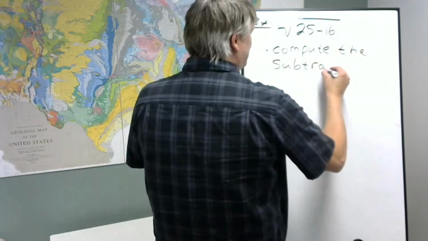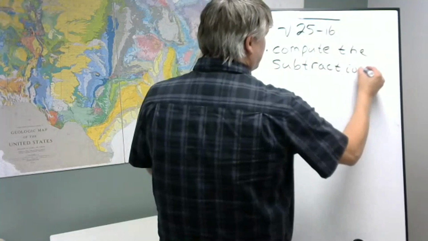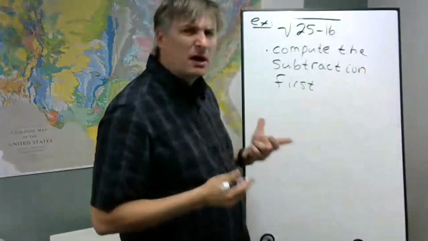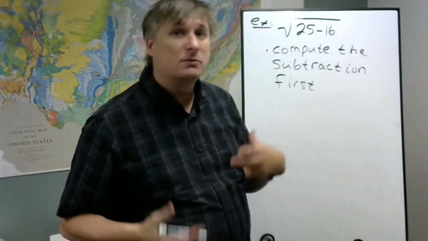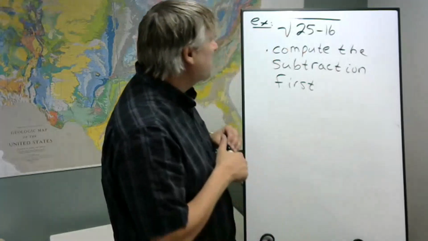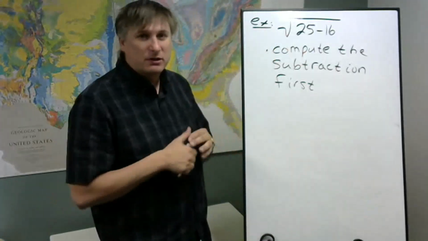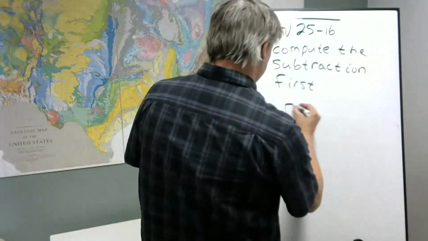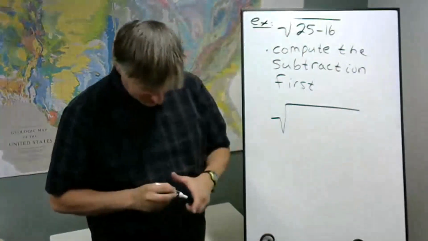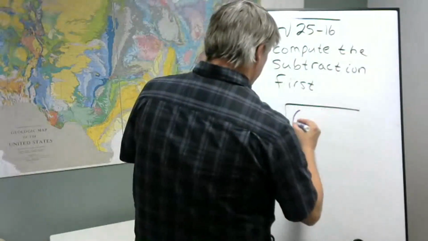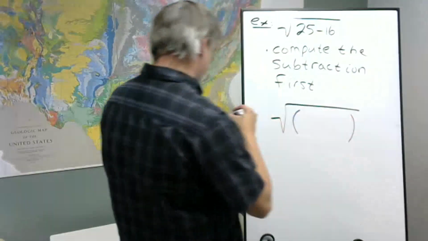You might factor something out sometimes before doing the subtraction, if you can even do it, because you might have a variable in it. But what we're going to do is treat the square root like there are invisible parentheses on the inside.